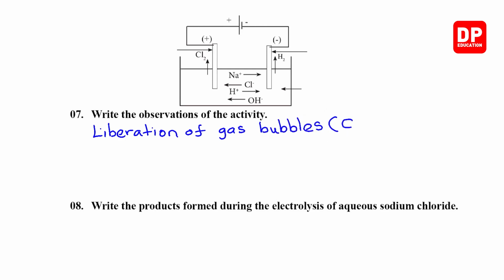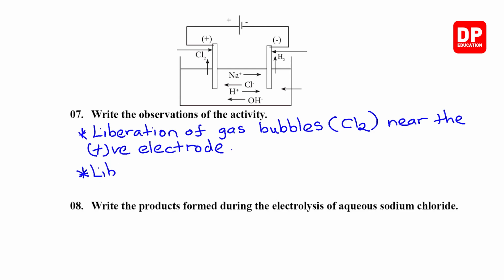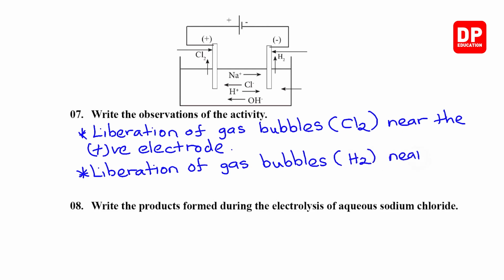So if it is Cl2 near the positive electrode, then liberation of gas bubbles, that is H2, near the negative electrode.